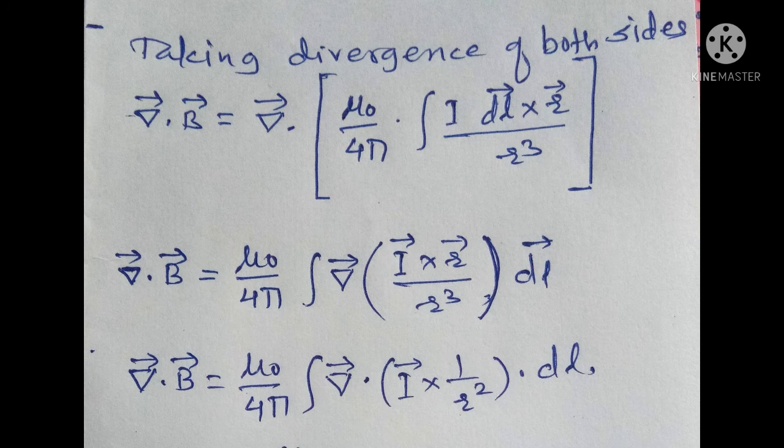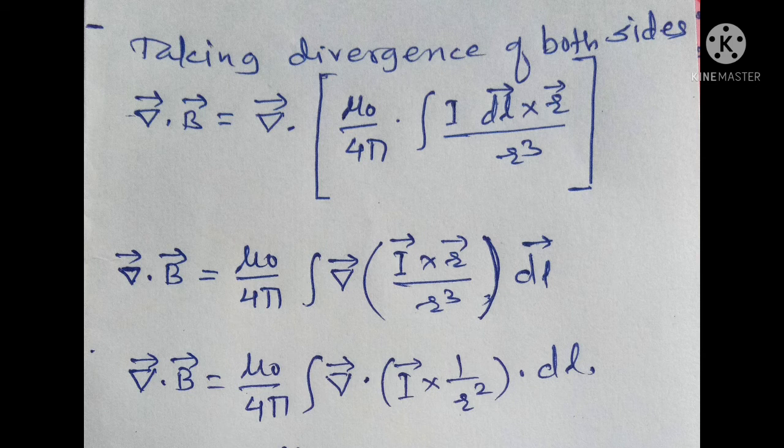Since it makes no difference whether we first evaluate the integral and then take the divergence, or take the divergence first and then evaluate the integral, we can write del dot B equal to mu 0 divided by 4 pi integration vector del dot vector I cross vector r divided by r cube into vector dl.